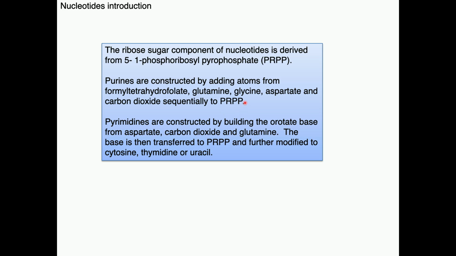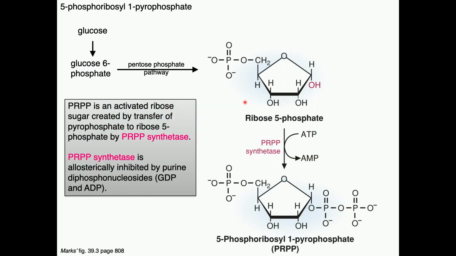So let's talk about that PRPP generation. The PRPP synthetase, the enzyme that generates that precursor to the sugar portion of the nucleotide, is a key regulatory step that controls all of the nucleotide biosynthesis pathway. The ribose 5-phosphate is one of our products of the pentose phosphate pathway, and it has a single phosphate on the number 5 carbon.